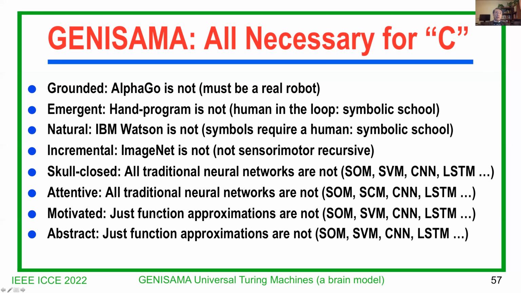Motivated: Q-learning is not, all right? Just function maximization approximations are not motivated, like Q-learning. Q-learning is a symbolic representation. And the value is not cognition-based, but rather a time discount model. It's a very rigid way of computing the value function, which is not what the brain does.